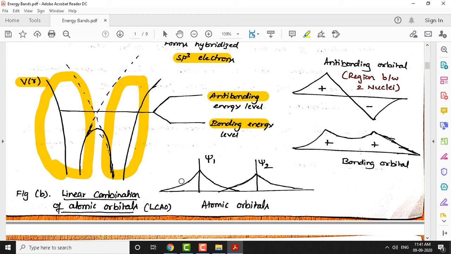Now look at the wave function with reference to the nucleus of each atom. The vertical line represents the nucleus, and psi1 represents the wave function, written in accordance with the Schrödinger equation. For the isolated atom, the wave function starts decreasing away from the nucleus, and as you move towards the nucleus region, it starts increasing.